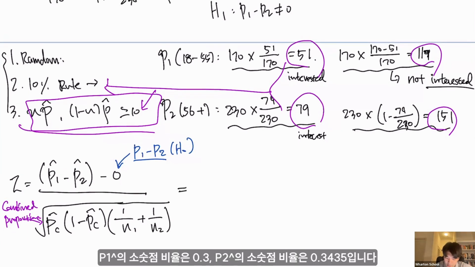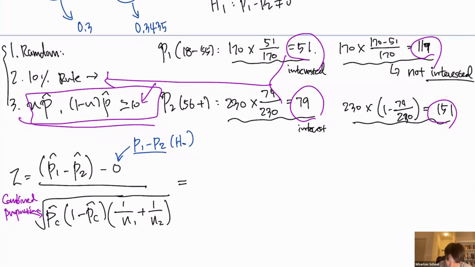P1 was 51 over 170, so this is 0.3. And 79 over 230 was 0.3435. We have to calculate the combined proportion here.